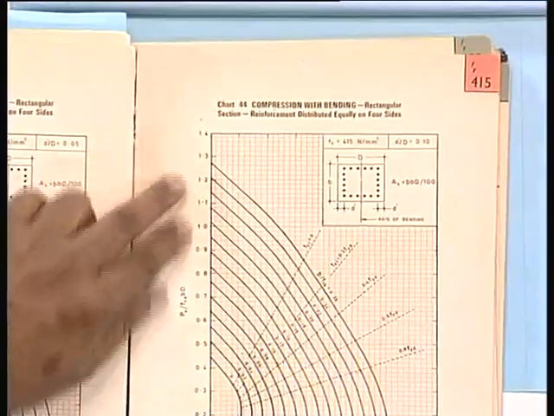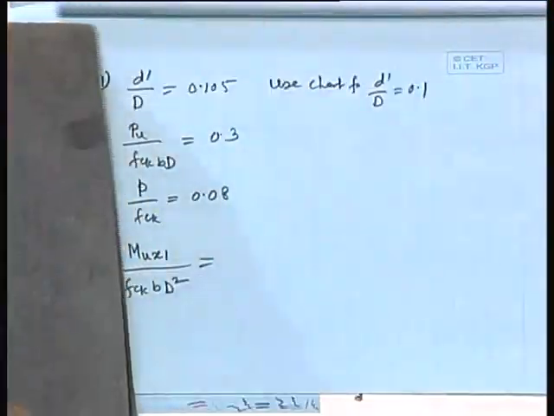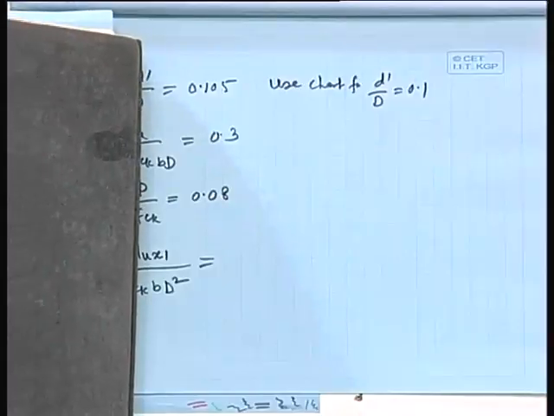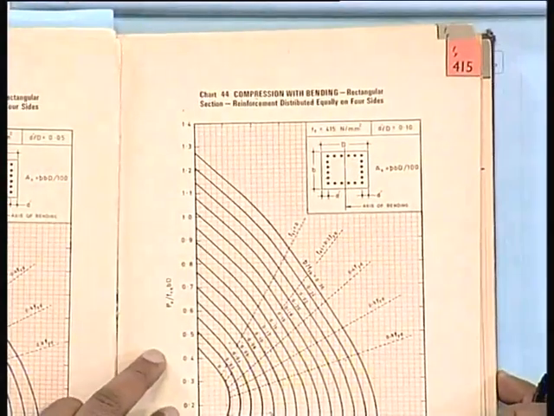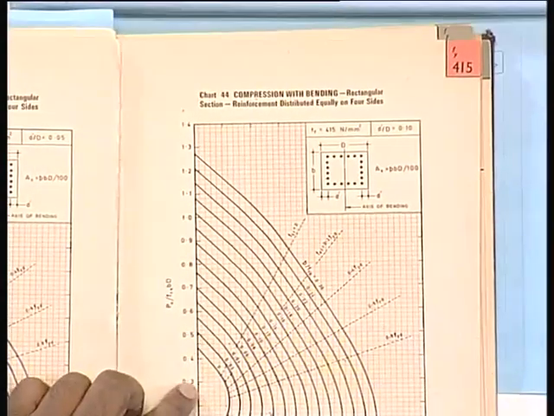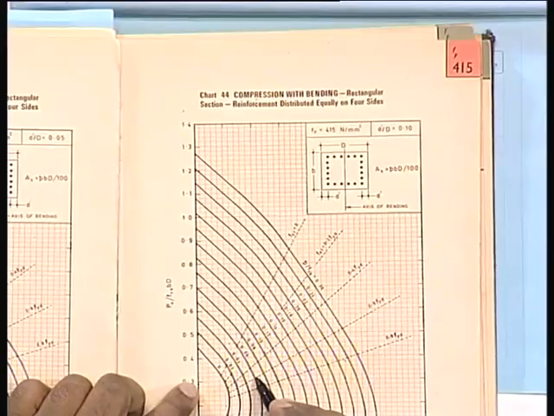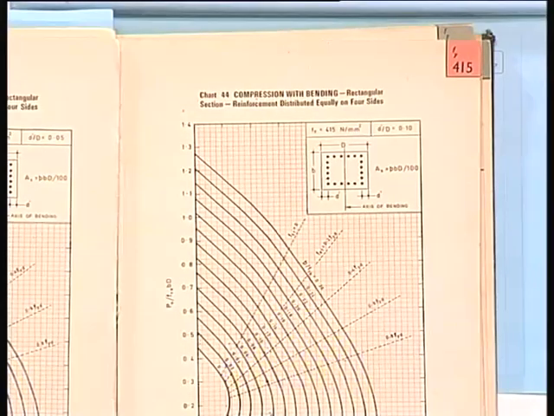This is your chart 44, and your Pu by fck bD 0.3 and 0.08. So 0.1, 0.11, 0.12.